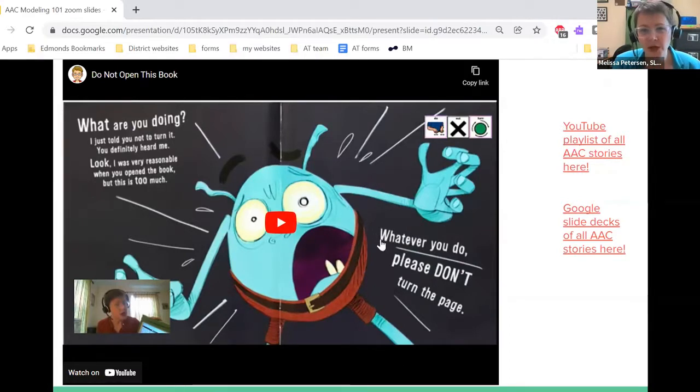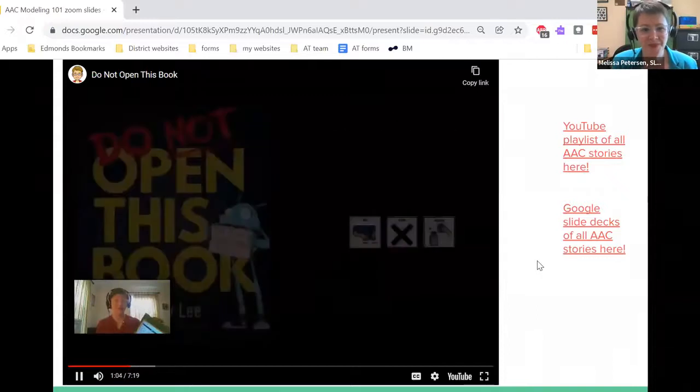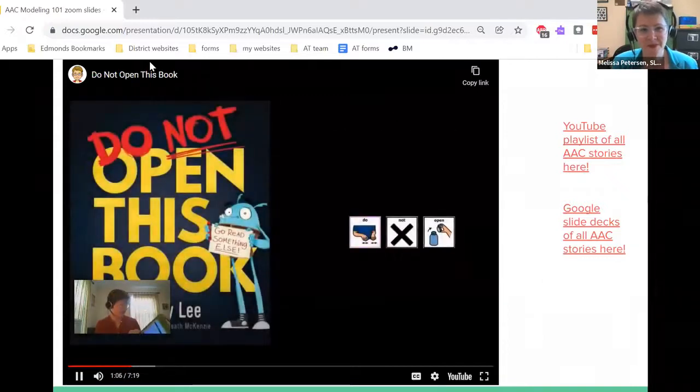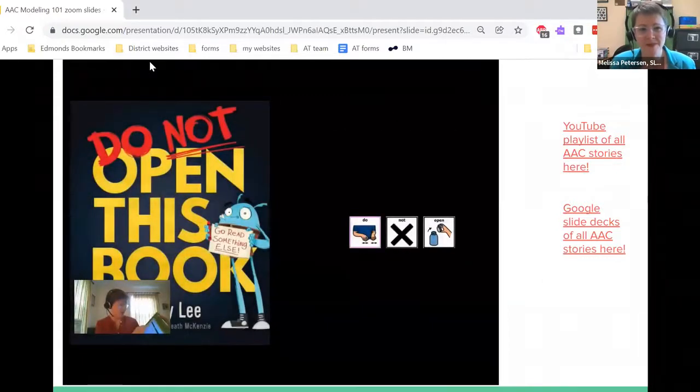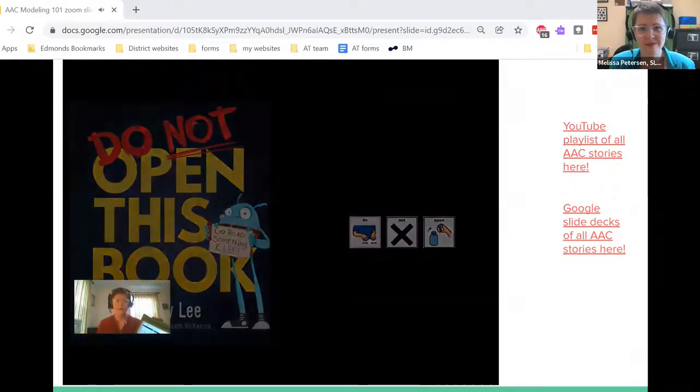It's a pretty fun book. Do not open this book if you have ever read that book. Do not open this book. Go read something else.